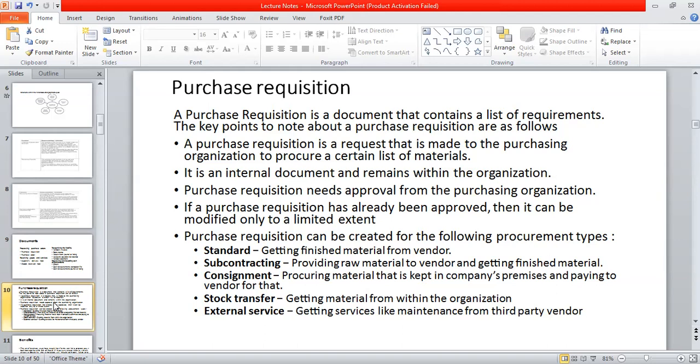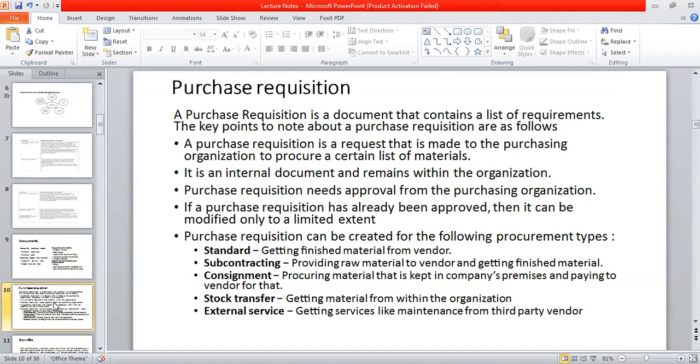So these are some of the aspects that the auditor will look into, to check if these requisitions are approved from the purchasing unit or the purchasing organization.